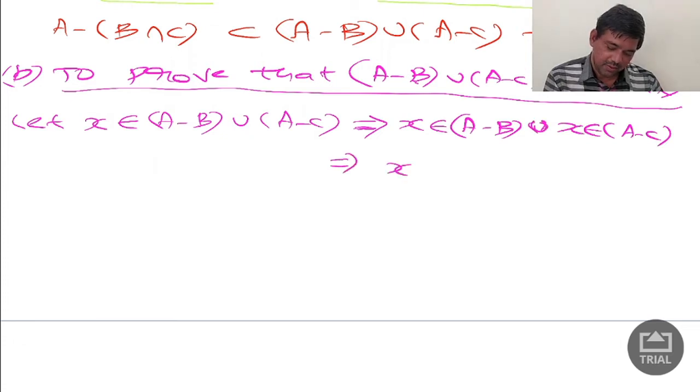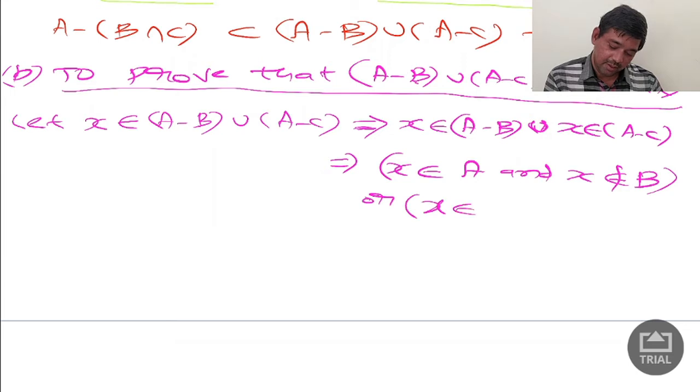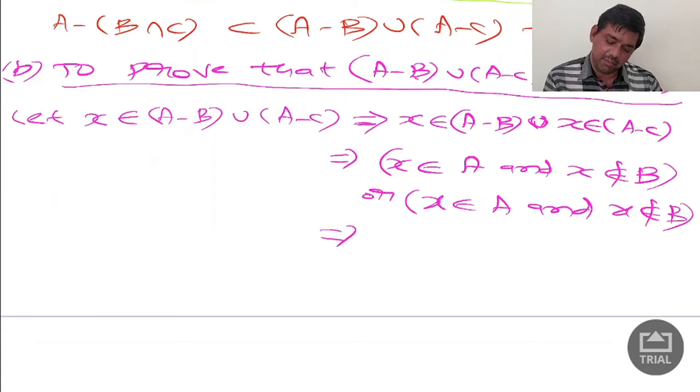This next step gives you x belongs to a and x does not belong to b, or again x belongs to a and x does not belong to b. So see, observe, I'm using the brackets for a minus b, how the bracket is there. So like that I used it for x belongs to a and x does not belong to b. Union is union. Again x belongs to a minus c, I use a bracket.